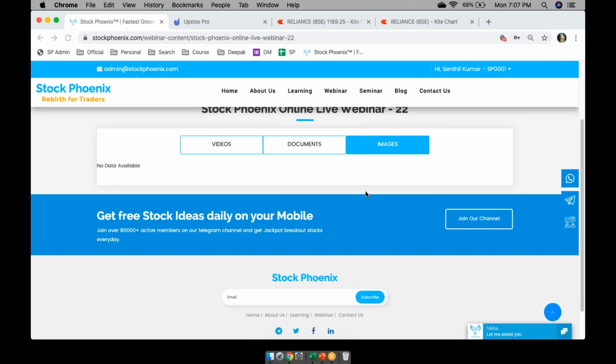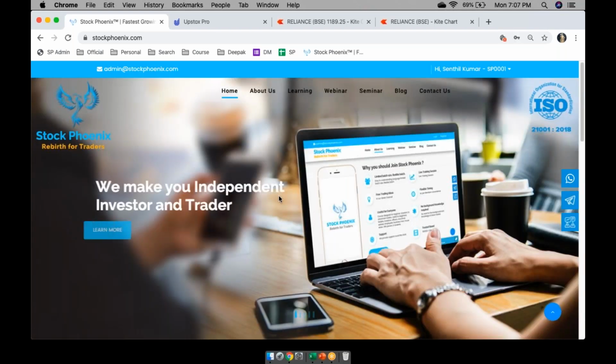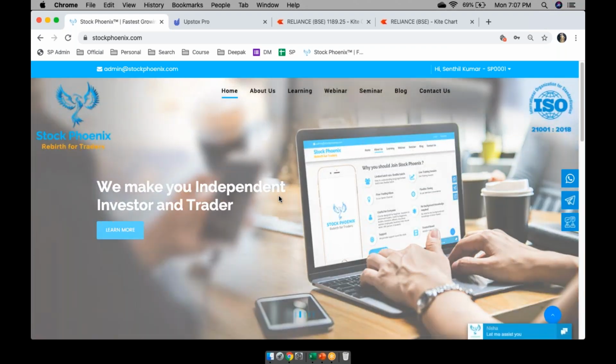If at all you want to practice, then trade only with 5% of your capital. That means if you have 1 lakh rupees as your capital, then trade only with 5,000 rupees.